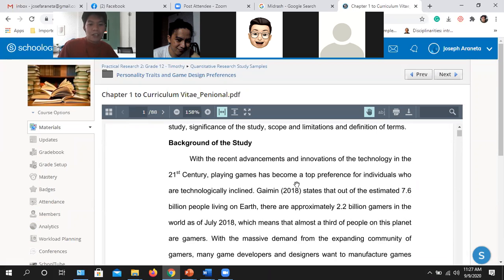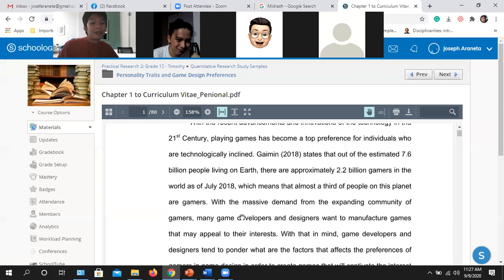With the recent advancement and innovations of the technology in the 21st century, playing games has become a top preference for individuals who are technologically inclined. Gaming 2018 states that out of the estimated 7.6 billion people living on Earth, there are approximately 2.2 billion gamers in the world as of July 2018, which means that almost a third of people on this planet are gamers.